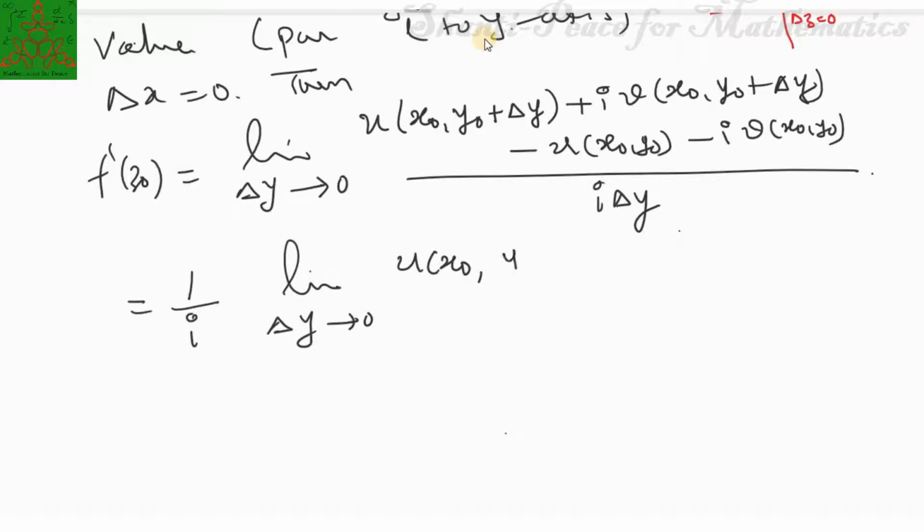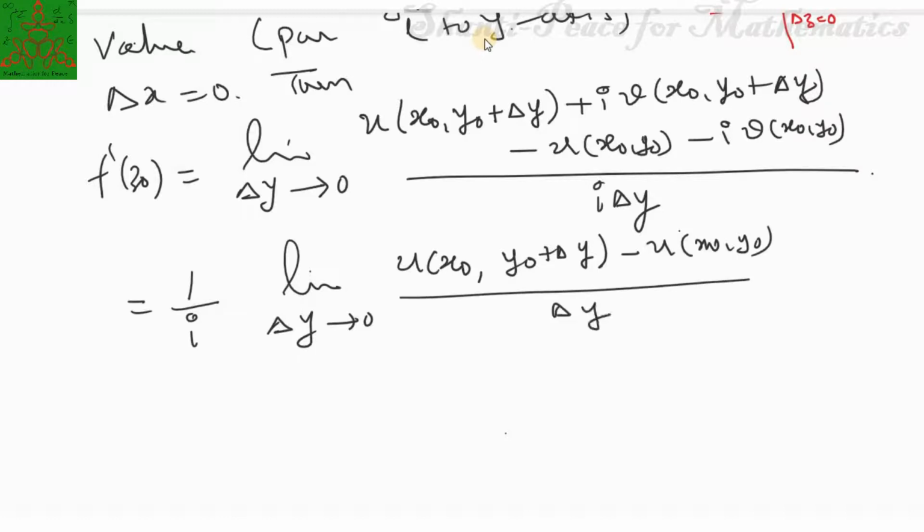u of x0 y0 plus delta y minus u of x0 y0 upon delta y plus i. So this i is common out from these two expressions, and I'm taking the limit inside.